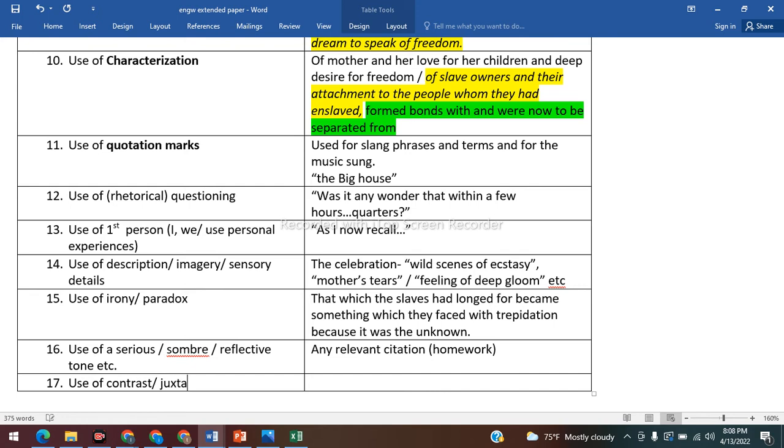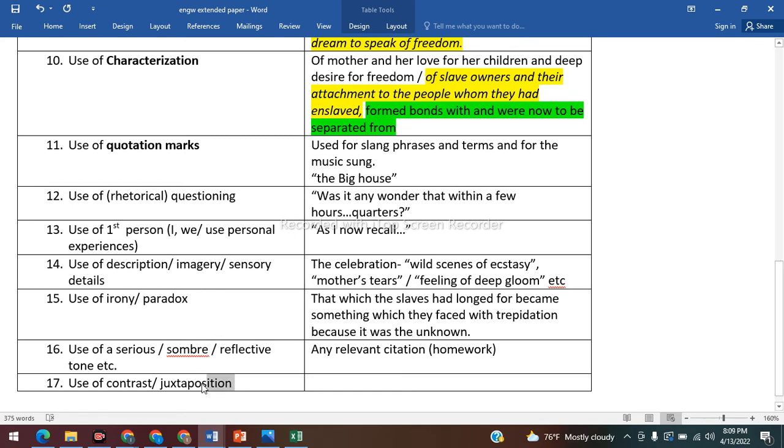Anyone know what we mean by juxtaposition? It's a synonym for contrast. It's basically the same thing as what we mean by contrast.